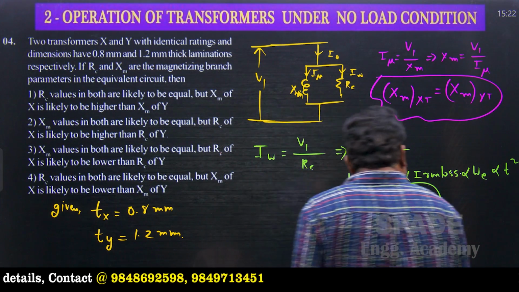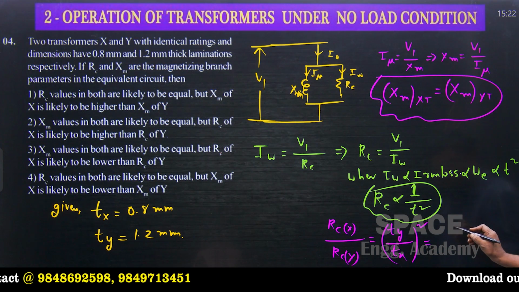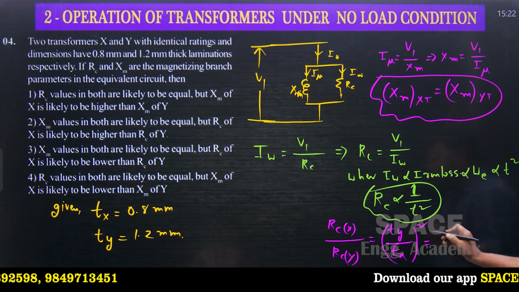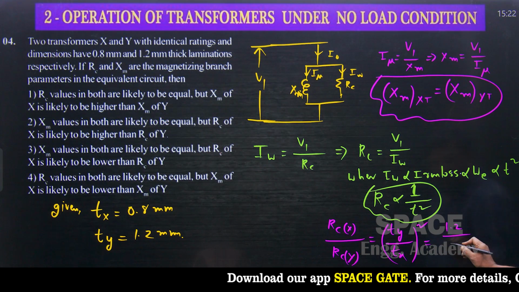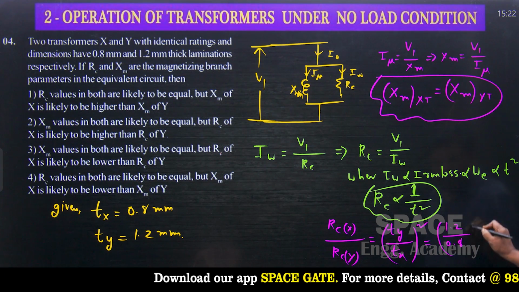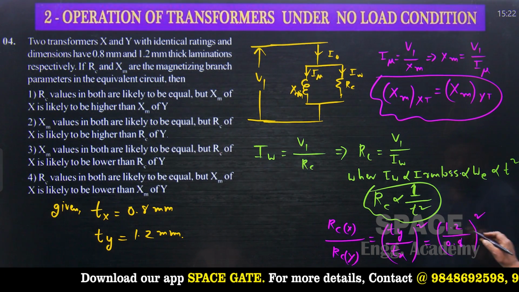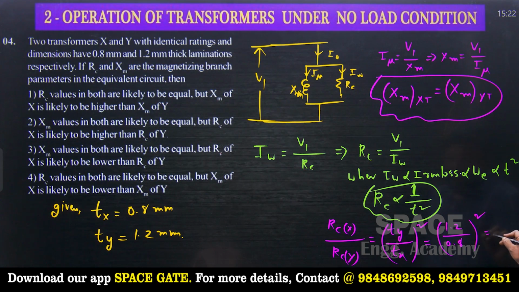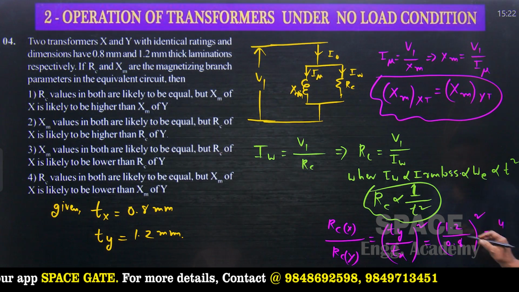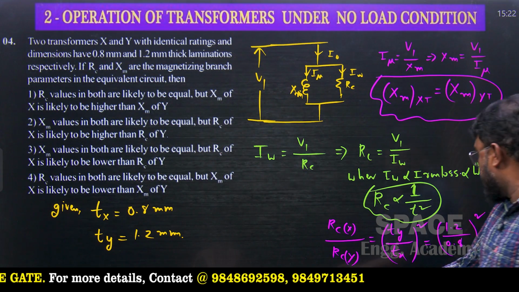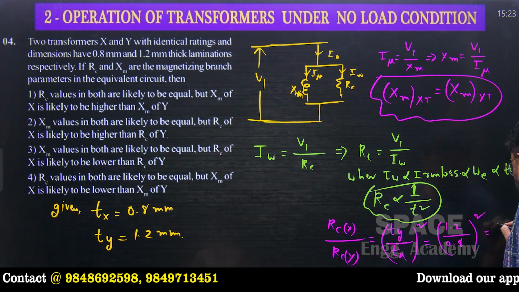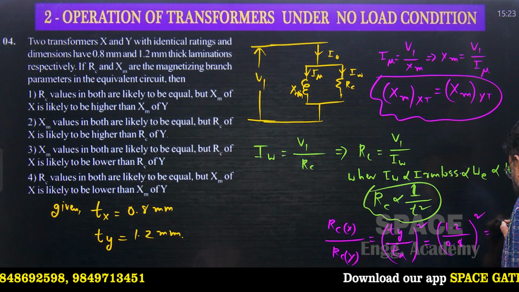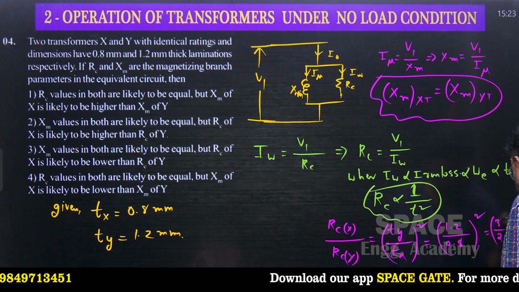Let us simplify: that is 1.2 divided by 0.8, whole square, which is 3 by 2, whole square.